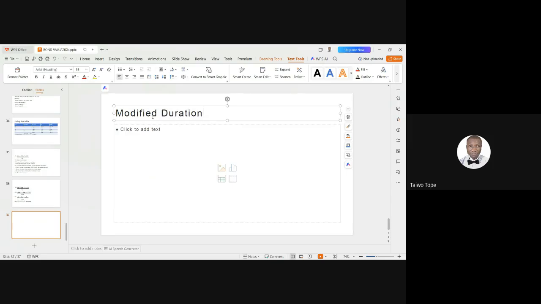So we have modified duration. I have gone through so many literatures about this. I discovered some literatures have different approaches, but looking at what the ICAN study text puts, I've adopted the ICAN study text concept.